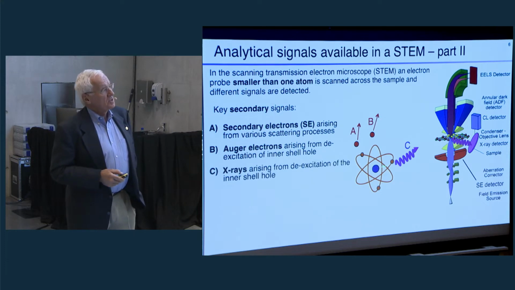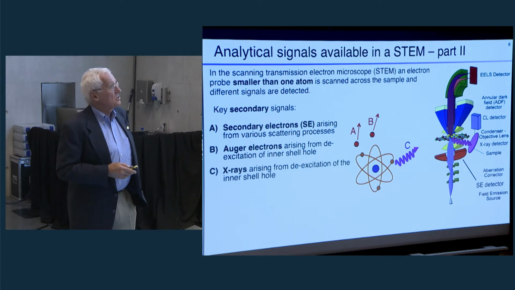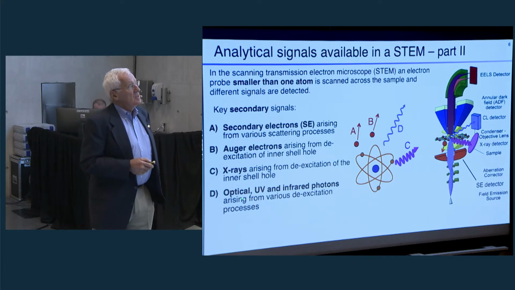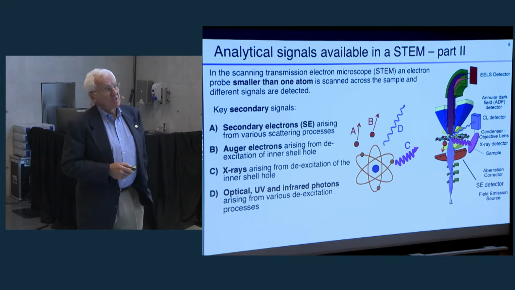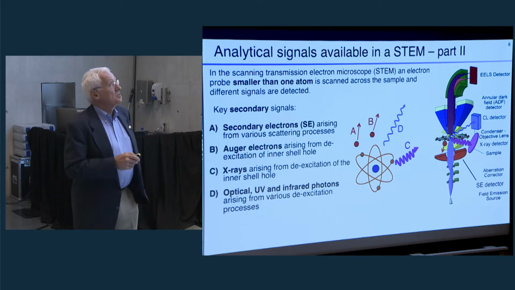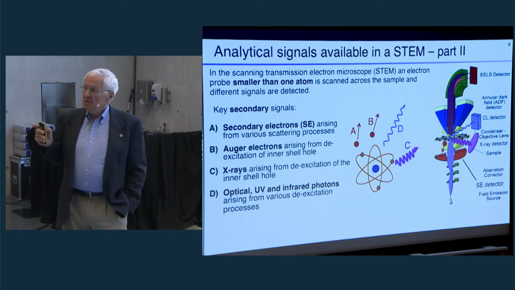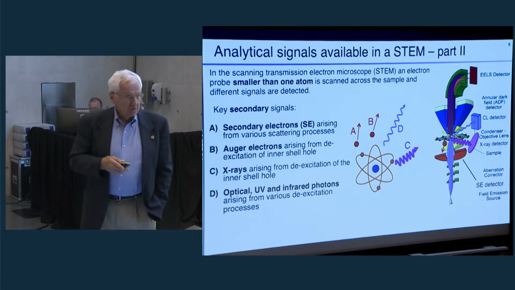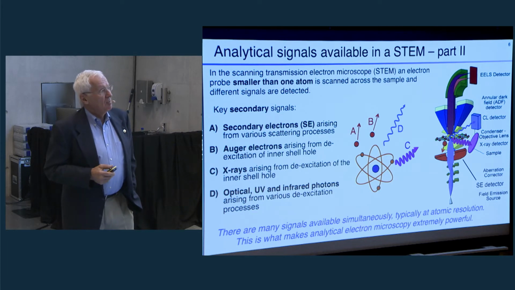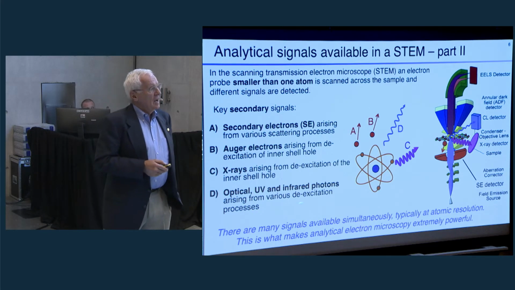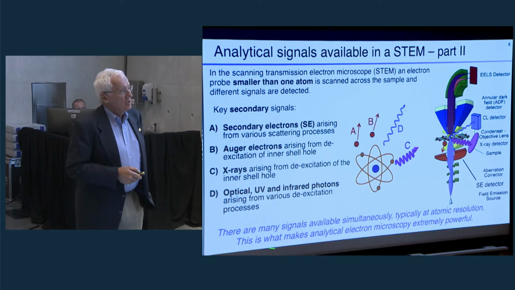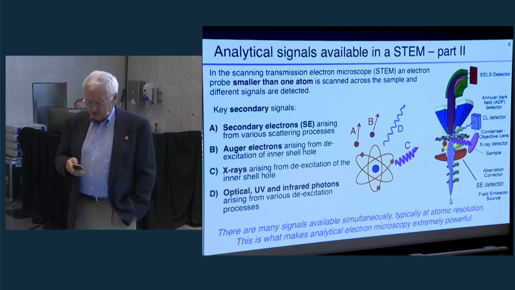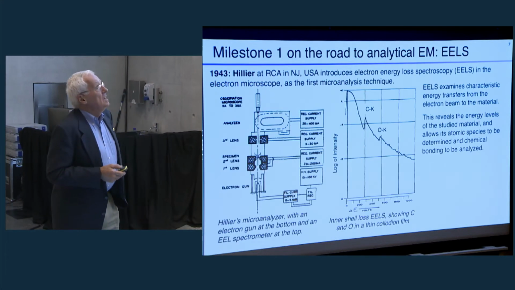We can look at X-rays coming out from the de-excitation process, and we also have optical UV and infrared photons. The spatial resolution for these is typically not good enough to resolve atoms, but these signals over here, we can actually resolve with atomic resolution too. So there are many, many signals available, typically at atomic resolution, and this is what makes the analytical electron microscopes really powerful and really interesting.